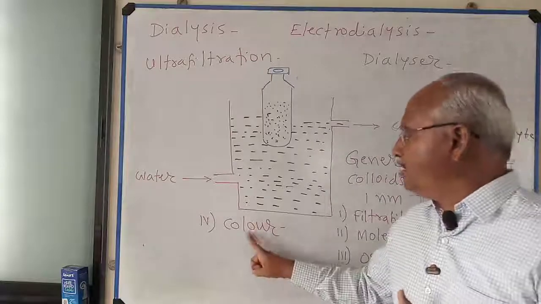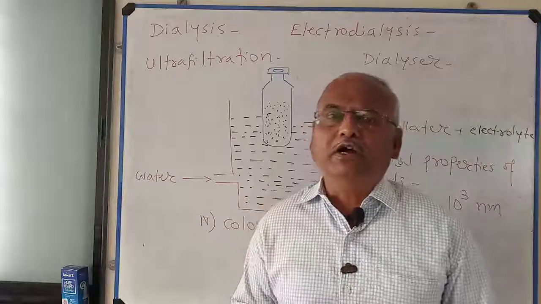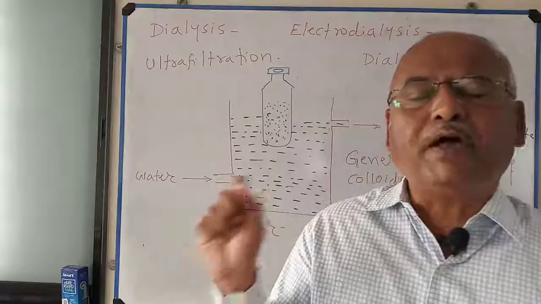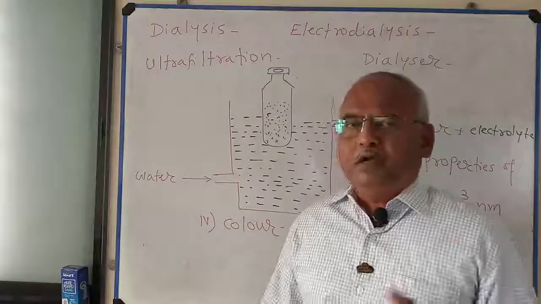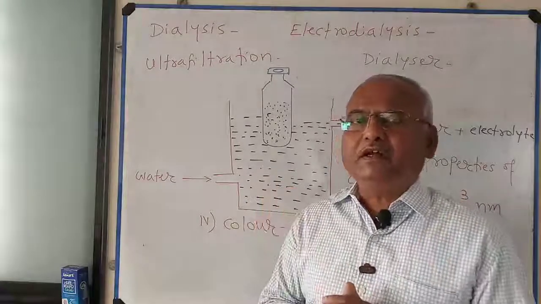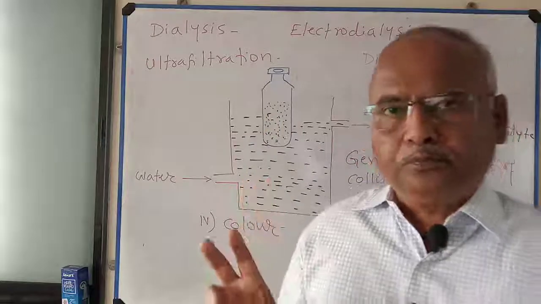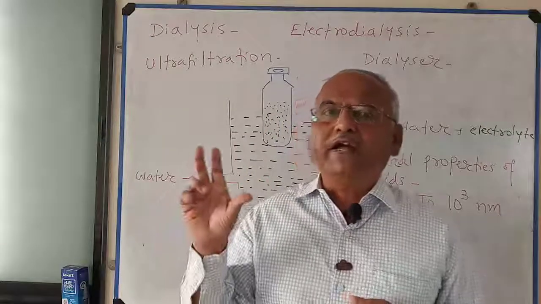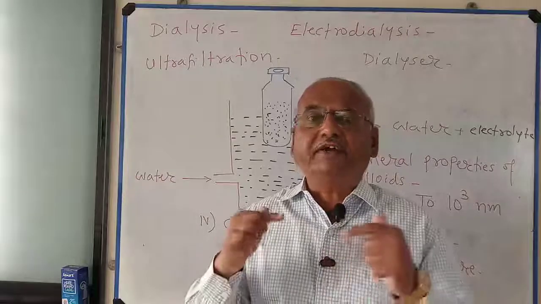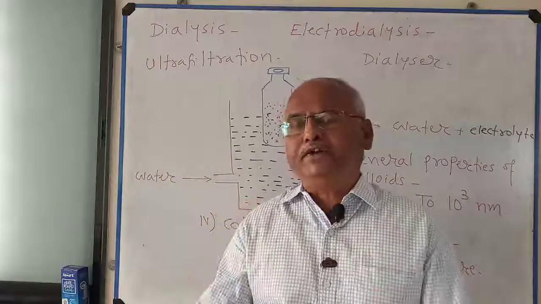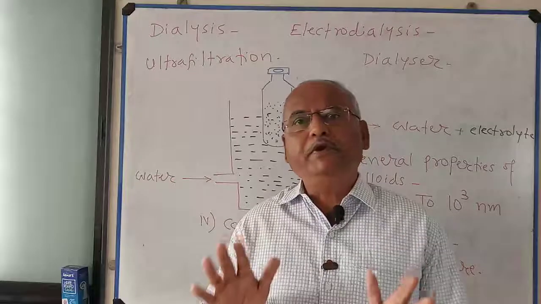The color of colloidal solution also depends upon the size of the colloidal particle. Simplest example, the clear sky appears blue because the colloidal particles present in the sky scatter blue colored light. That is why the clear sky appears blue.